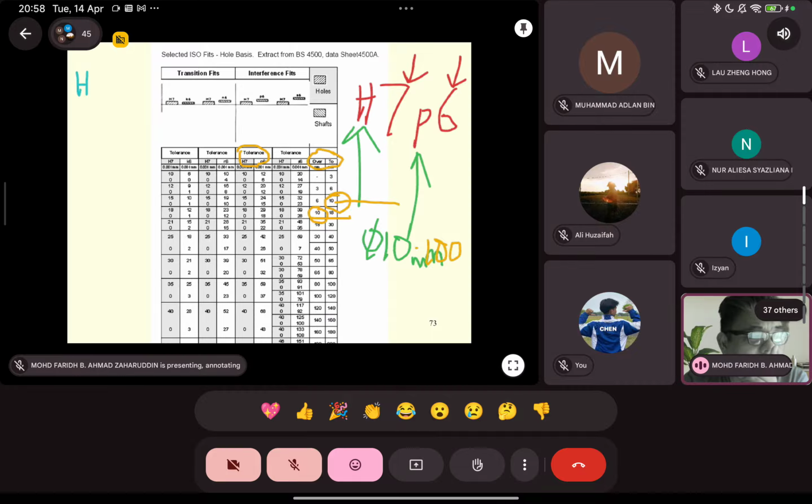Dia punya upper limit. What is the upper limit value? Nur Alisa, what is the upper limit value?